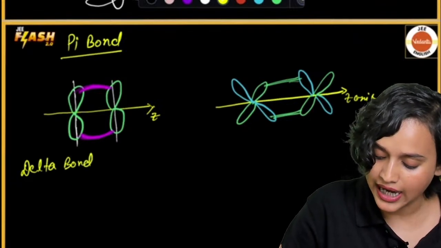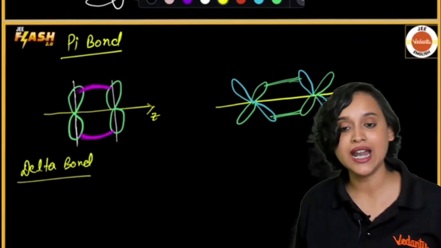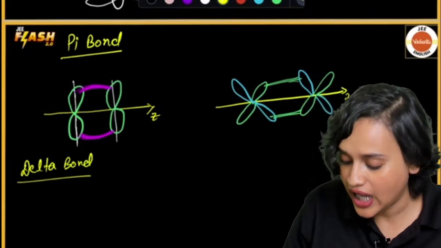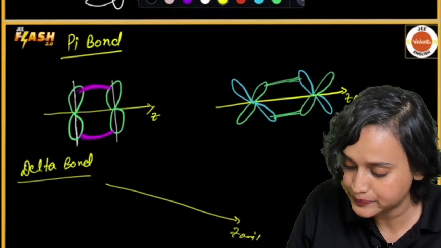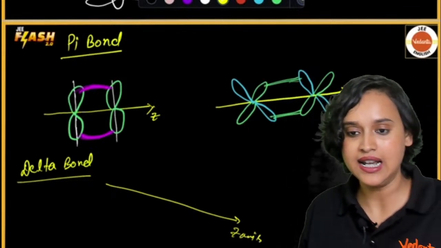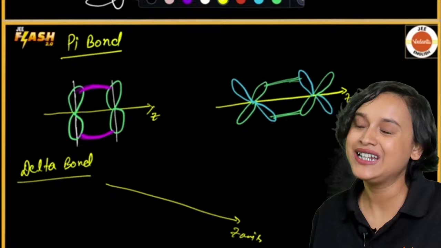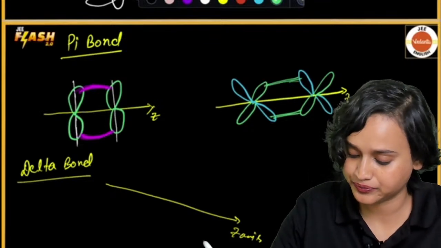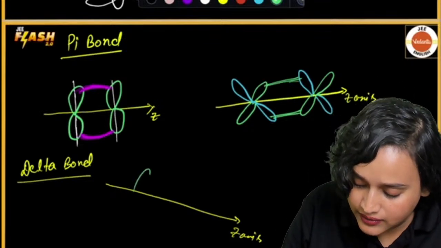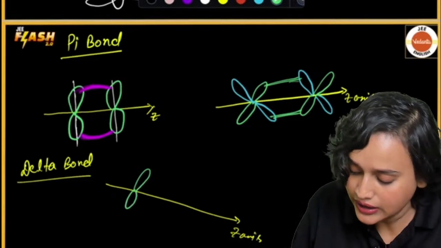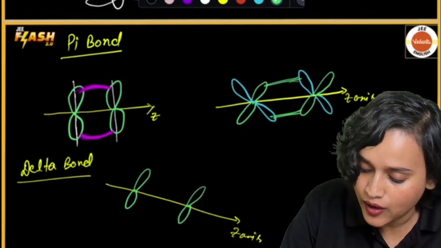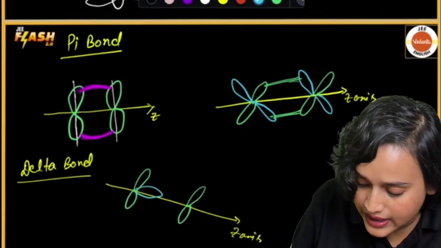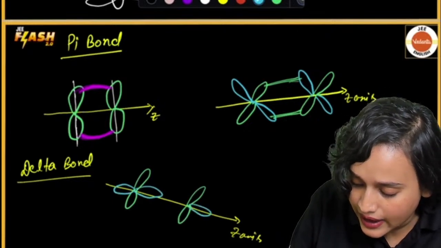For delta bond, let's say that we have our z axis here. Let's make an axial d orbital, that is dxy.